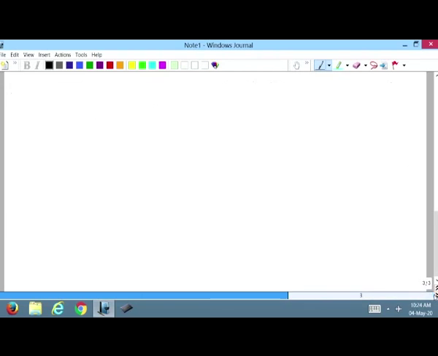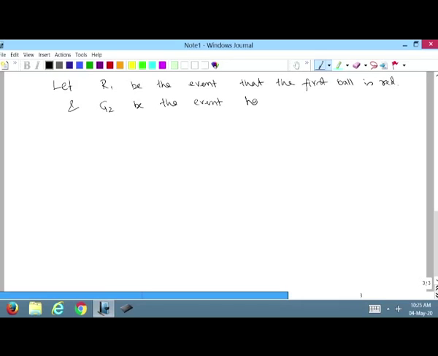So, how to solve these problems? Let R1 be the event that the first ball is red, and G2 be the event that the second ball is green.